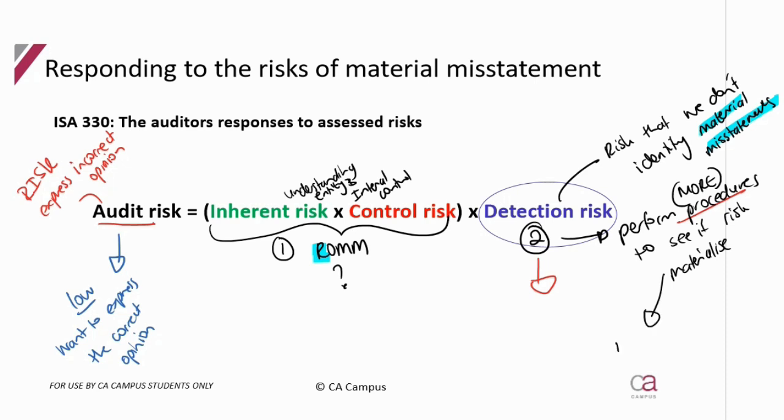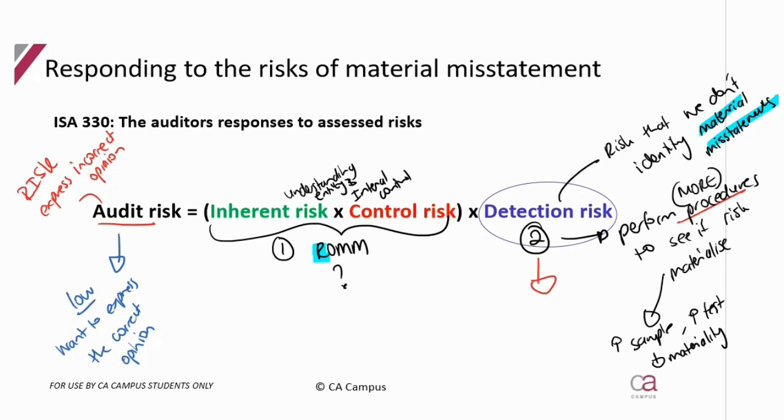We would need to increase our samples, increase our tests, and how do we do that? We decrease our materiality. If we have a lower performance materiality, we are going to have to add more tests in. More balances or transactions are going to have a risk of being materially misstated because it's a smaller figure that we're looking for material misstatements as. So we will have more work with a lower materiality.